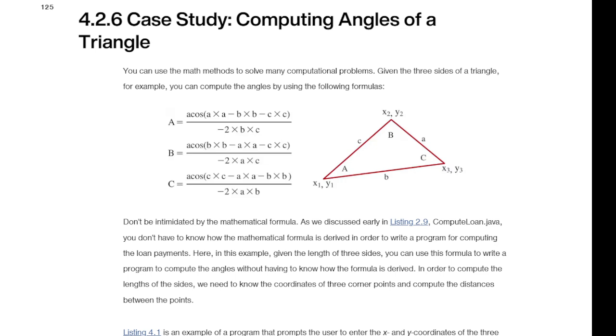So we'll need to find angle A using the arc cosine function and these multiplications. And then we're going to repeat it for angle B, and we'll repeat it for angle C.